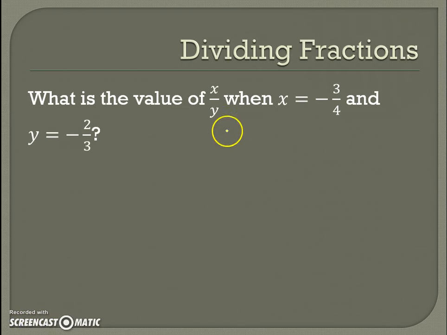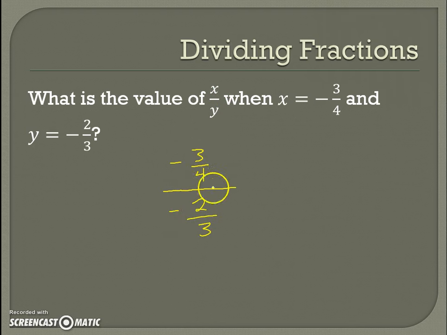So what is the value of x over y? Remember, a fraction bar means divide. What is the value of x divided by y when x is negative 3/4 and y is negative 2/3? If I write it exactly the way it is here, it would look something like this.